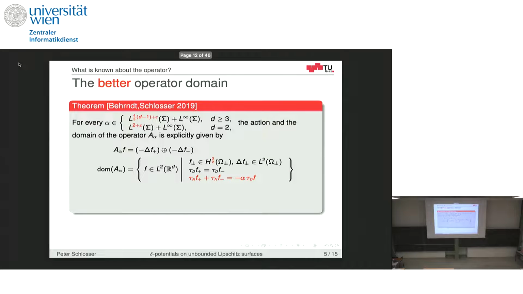But what I did then is just improve it a little bit. If we make alpha a little bit better, a little bit better means in this case, for d larger or equal to 3, we have 4/3 d minus 1 plus some epsilon, a little bit more. And in the two-dimensional case, we have L2 plus something more. Then it turns out that we get a little bit better. The operator domain is now no longer H1 delta, but H^3/2 delta.